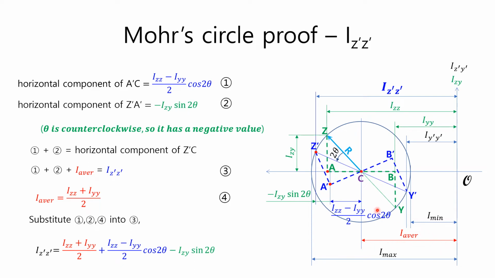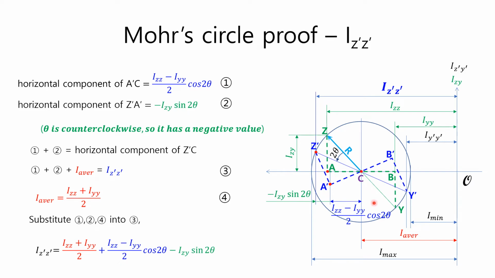And the horizontal component of Z prime C is the sum of two components: the horizontal component of Z prime A prime and the horizontal component of A prime C. In the figure, the horizontal component of A prime C can be calculated as in equation 1.